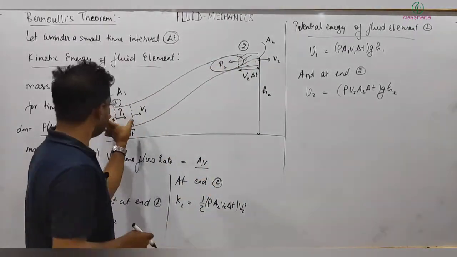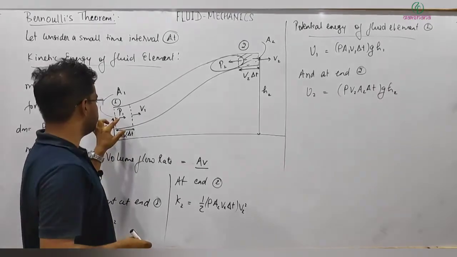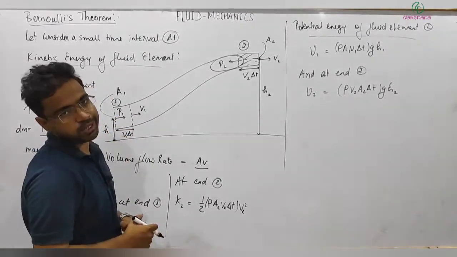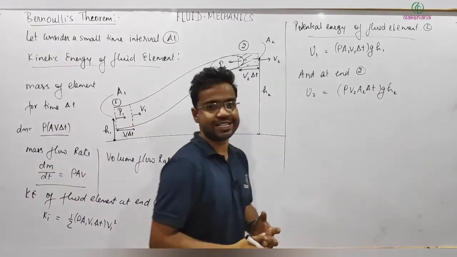Then on this element I can write the work done by the pressure force. Pressure times area is the force, multiplied by the displacement gives the work done by the pressure force. We call that pressure energy also.